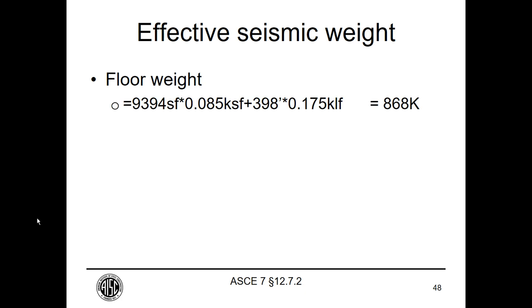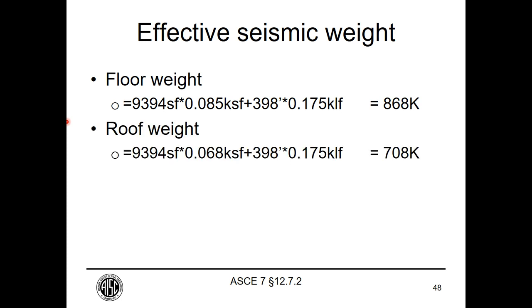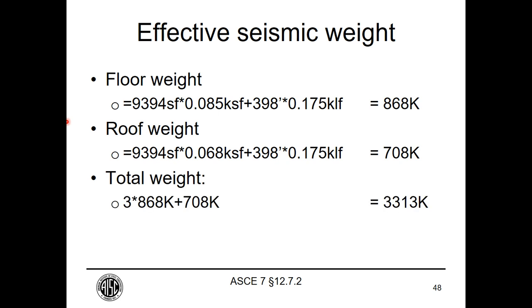We multiply these times the dead load that we have. Here's the distributed dead load, and here's the cladding load. That turns out to be 868 on a typical floor. Roof weight is a little below that because of the lower distributed weight. And so our total weight is just over 3,300 kips.